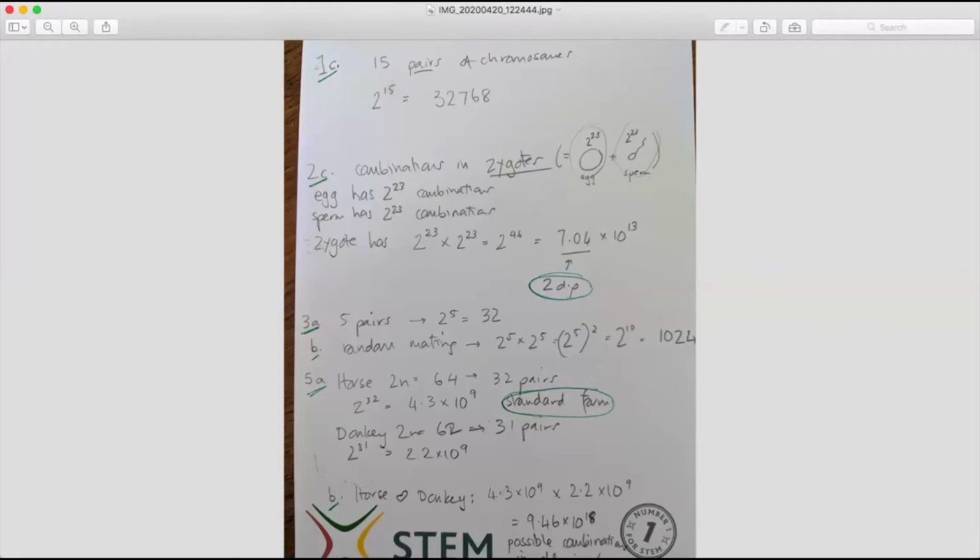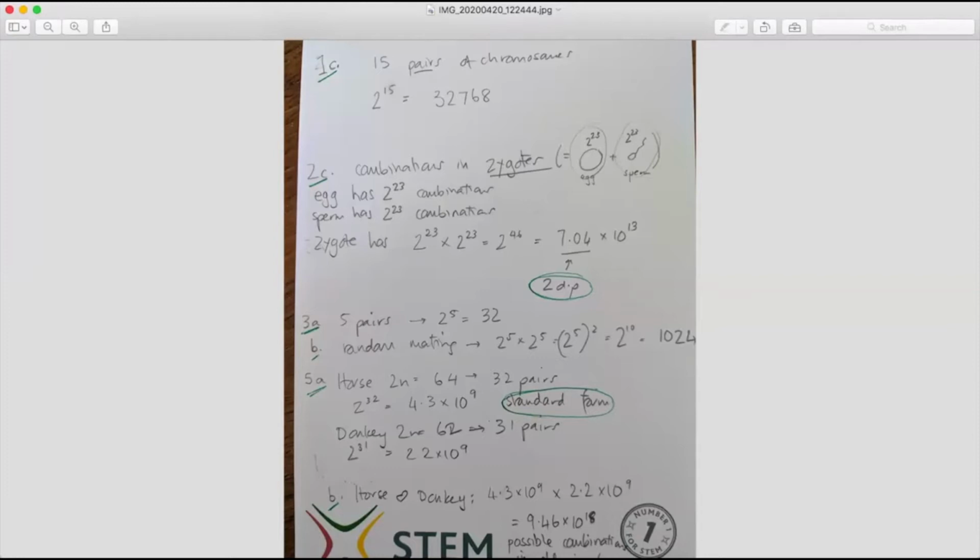So I think we just need to acknowledge that there's a difference between the two types of questions. So question 1 is just asking you how many combinations can be made in an individual gamete given that there are 15 pairs of chromosomes.